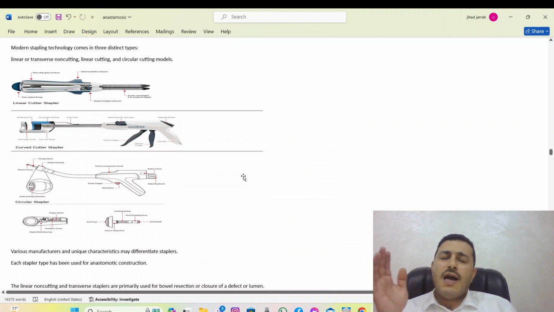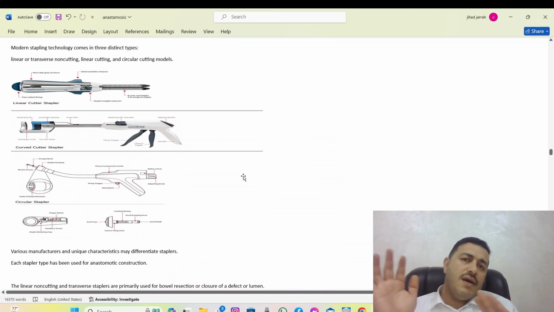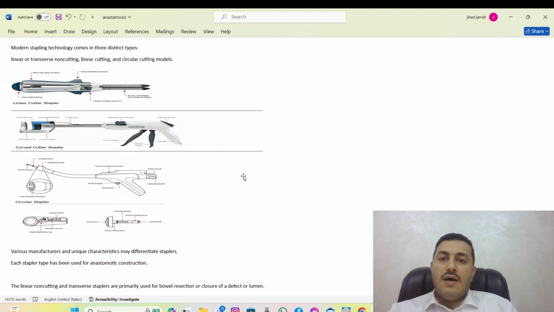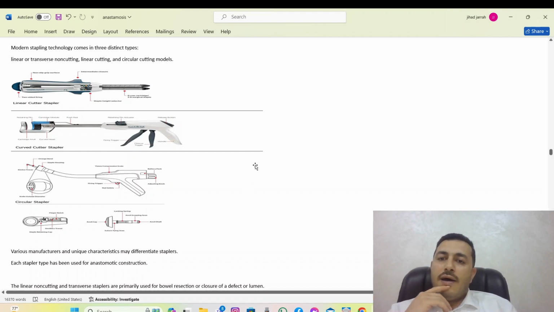You can see that any stapler can be cutting or non-cutting, just stapling, closing the lumen, or closing and cutting in between. So this you can see will create a linear anastomosis. Here we have the curved, okay, cutting.